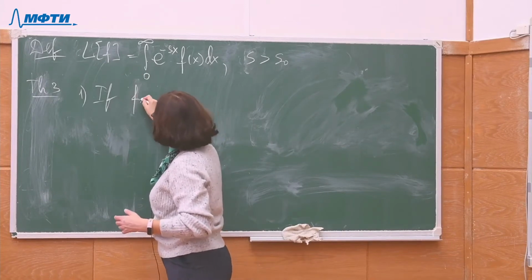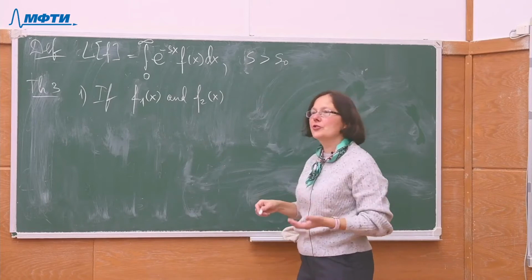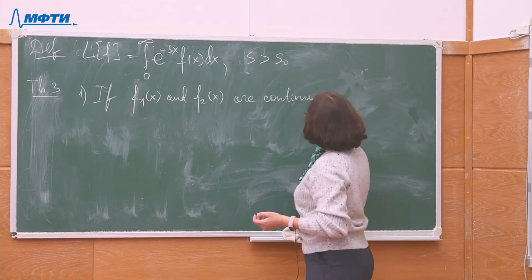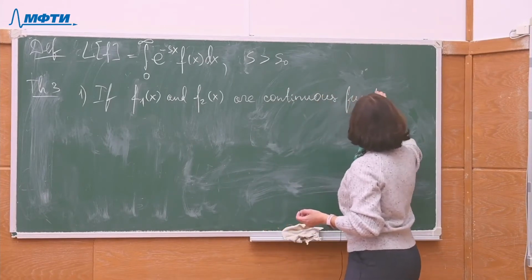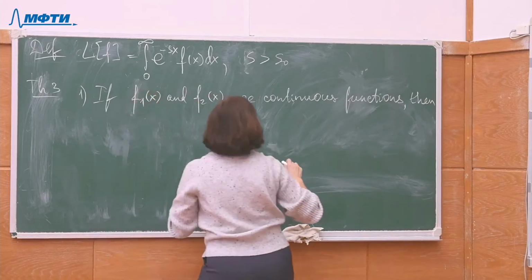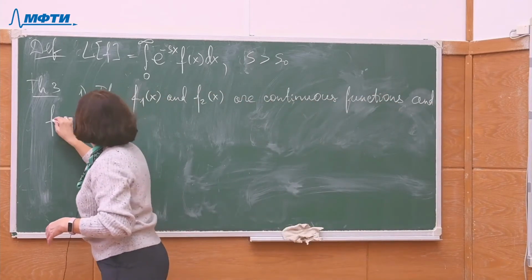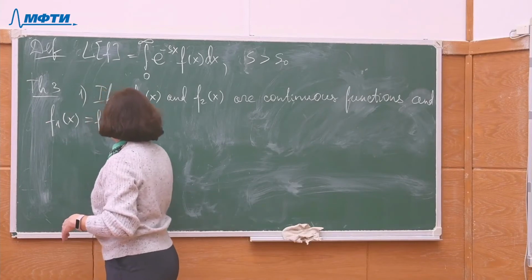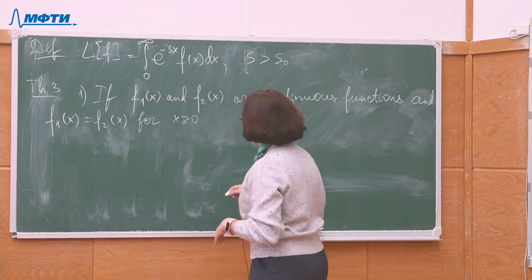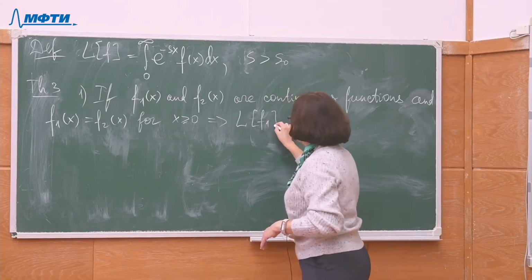If f1 of x and f2 of x are both continuous functions, and f1 of x equals f2 of x for, let it be, x greater than 0, then their Laplace transforms are the same.